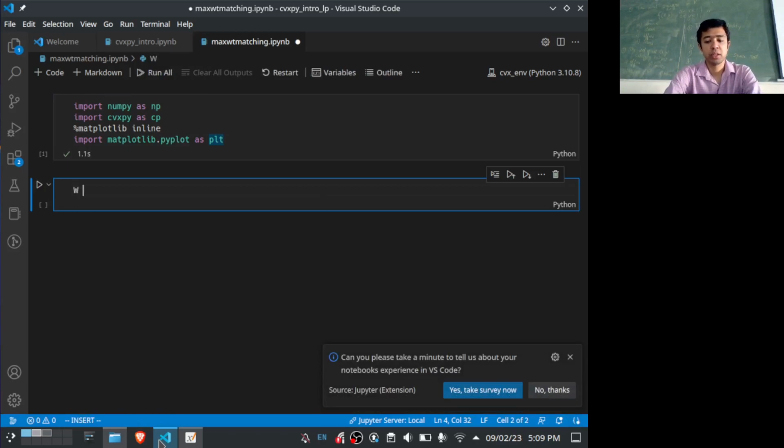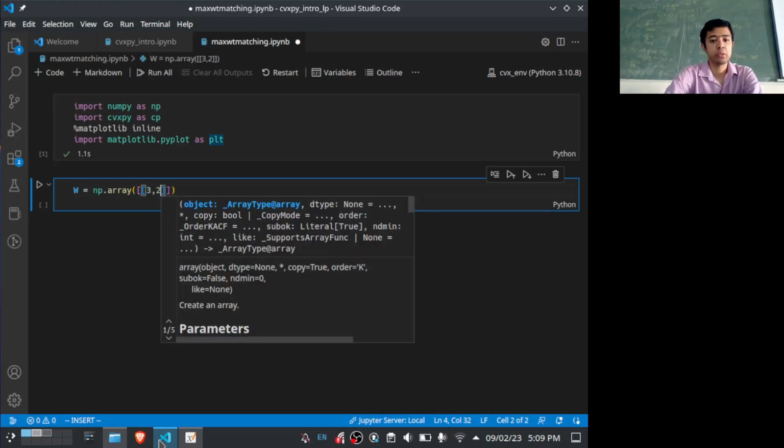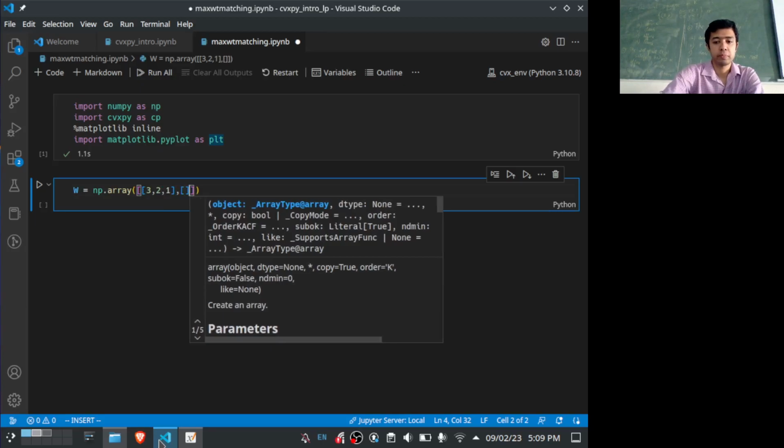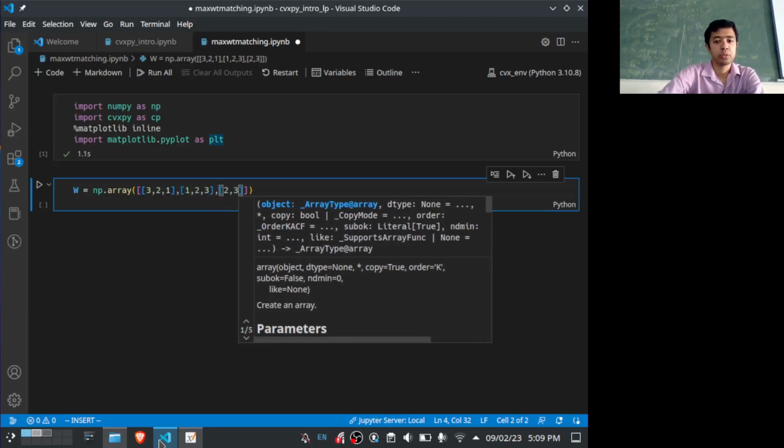So let's say I take W equal to the same matrix that I had. Can you just tell me what the matrix was? Yeah. 3, 2, 1. 1, 2, 3. 2, 3, 1.